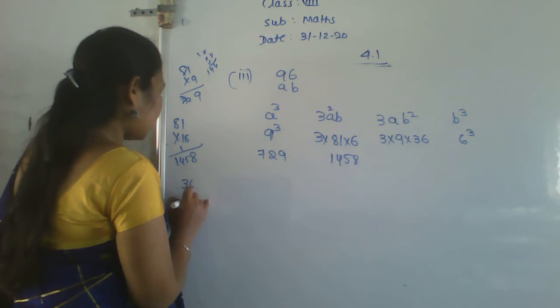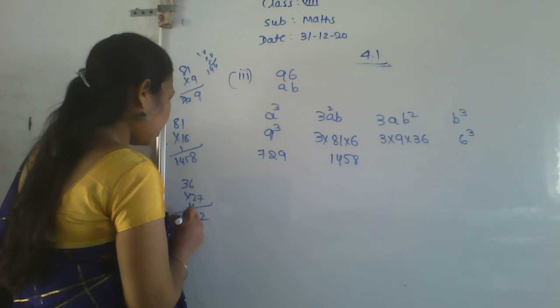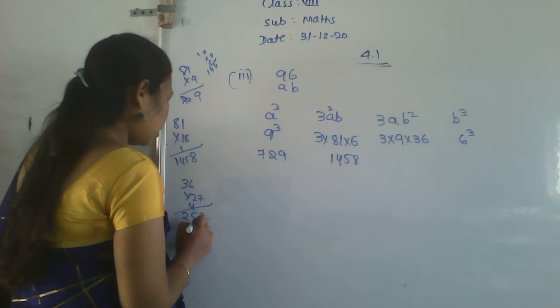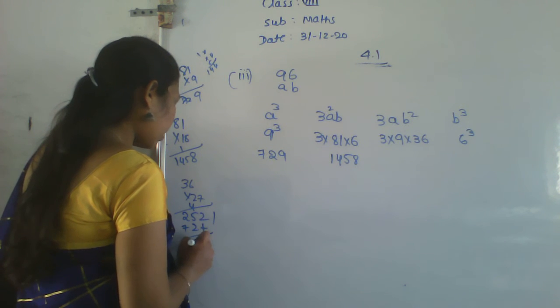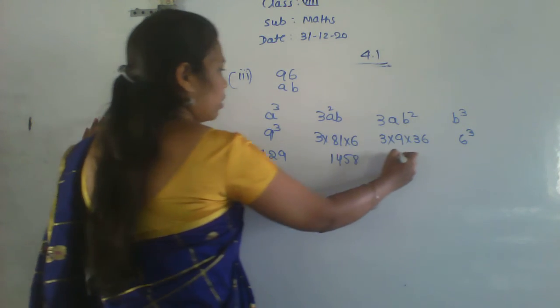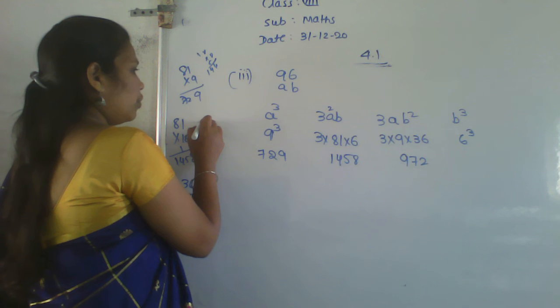Next multiply these values. 36 into 27. 7 sixes are 42. 7 threes is 21, plus 2 is 23... 2 sixes are 12. 1 carry. So what is the answer? 972. What is the 6 cube value? I think 256.